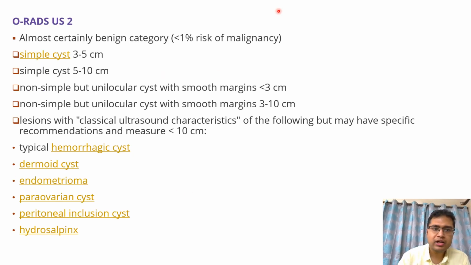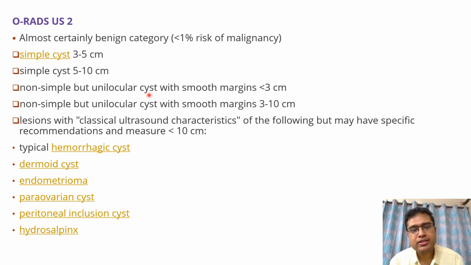What comes under ultrasound category 2? This hemorrhagic cyst is actually O-RADS ultrasound category 2. They are all almost certainly benign, that is less than 1% risk of malignancy, and it includes a simple cyst 3 to 5 centimeters in size. A simple cyst about 5 to 10 centimeters in size is also included in O-RADS 2.